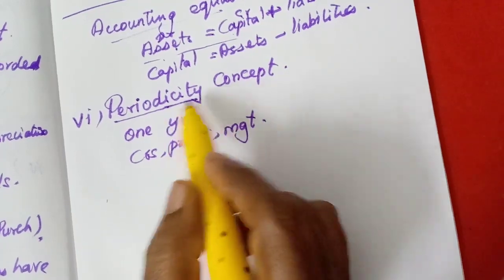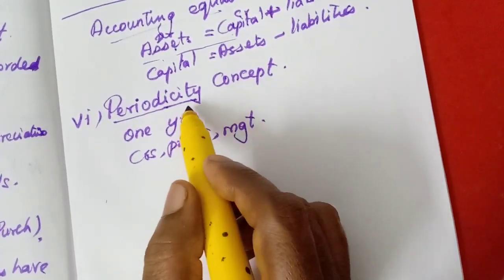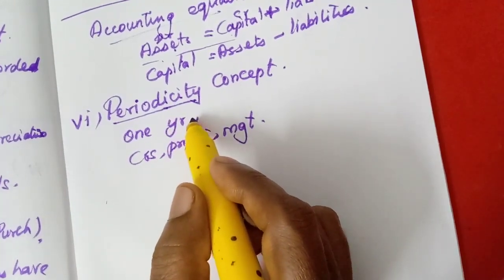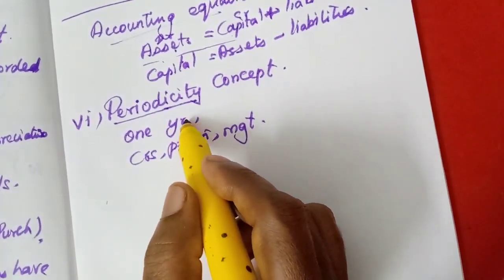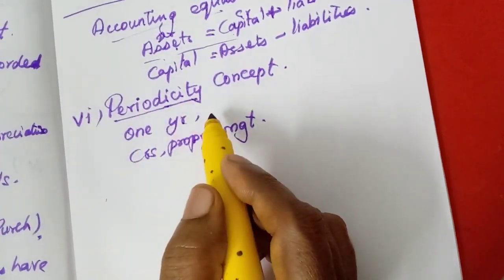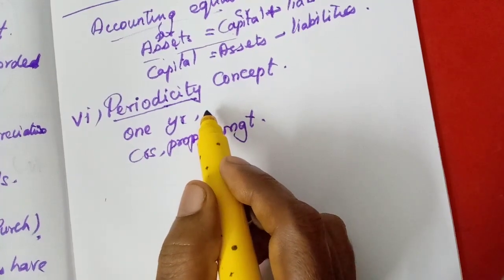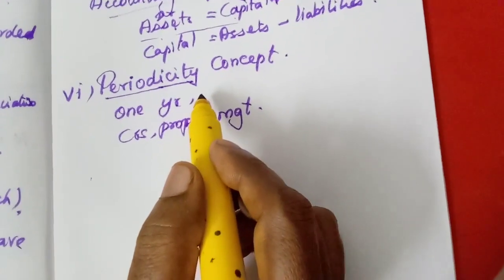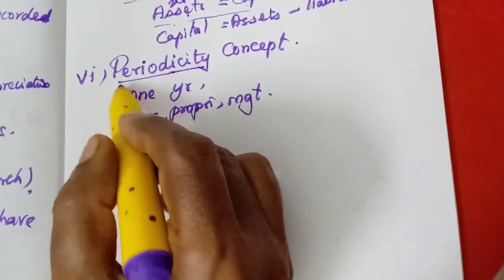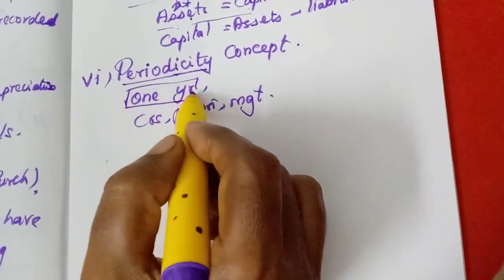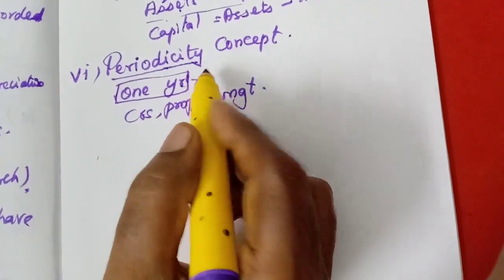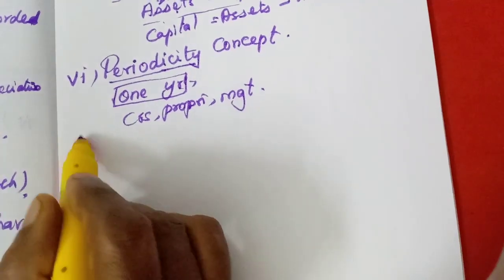So there must be a period in the preparation of financial statements or reports. Usually they prepare all the books of accounts or financial statements for one particular period. That period is usually 1 year, maybe accounting year or financial year or the calendar year, whatever the year may be.